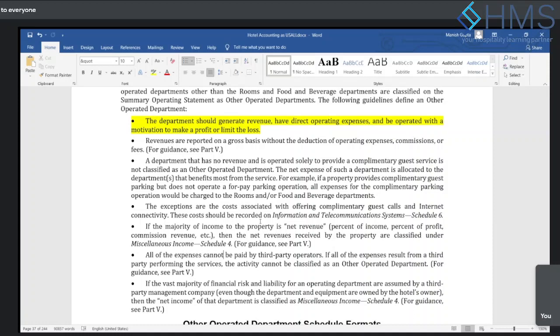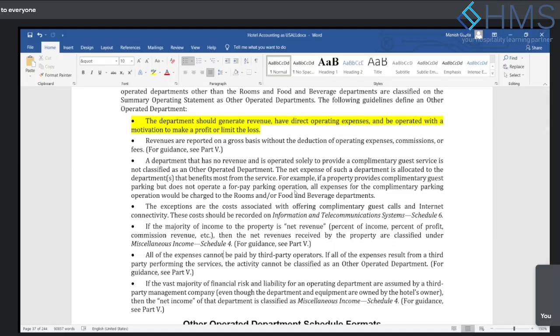Many hotels will have a minibar, many hotels will have a business center, just to get the star ratings, but not really for any other purpose. So you have to see if they account for enough profitability to require a separate P&L or not.